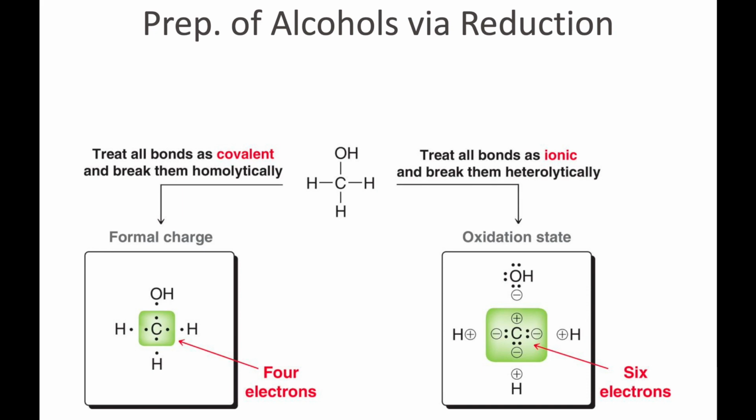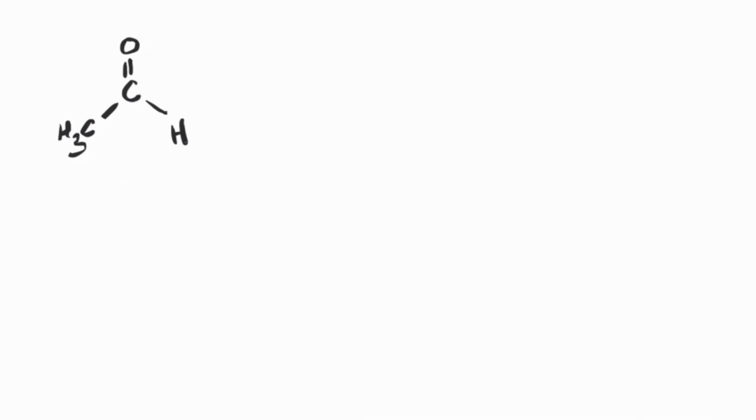Once it breaks that bond, both of those electrons go towards the oxygen because the oxygen is more electronegative than the carbon. Whereas the bond between the hydrogen and the carbon, when those bonds break, both of those electrons go towards the carbon, none towards the hydrogen. So now let's count how many electrons are on carbon. 6 electrons, right? So 4 minus 6, so the oxidation state is -2.